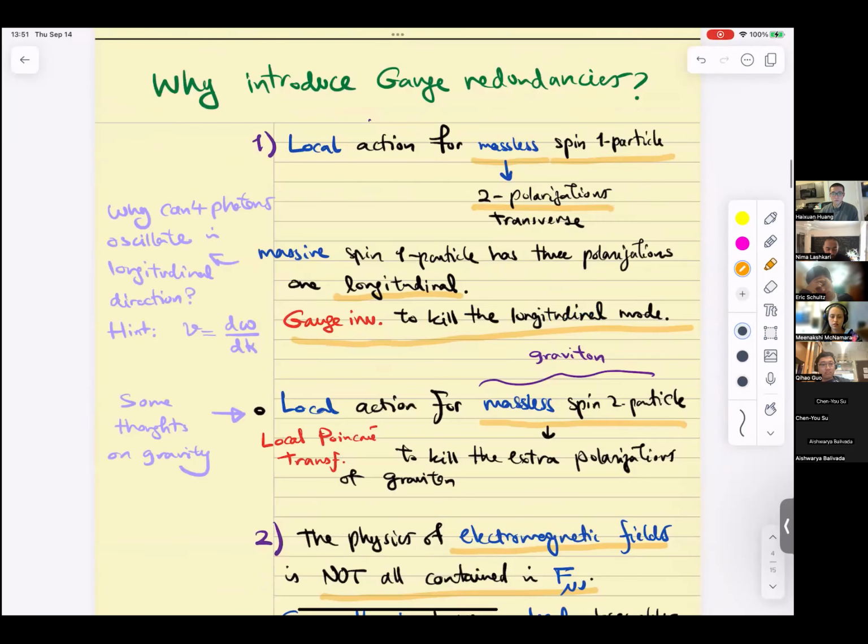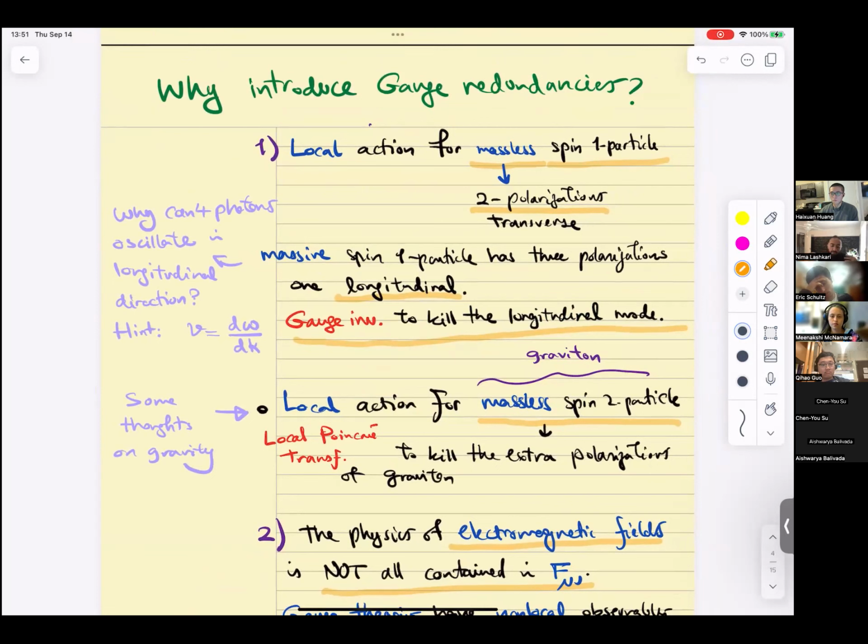All right. So are there any questions about why we introduce gauge redundancies? We are insisting on a local formalism for a theory that has some mild form of non-locality, very tamed and mild. One manifestation of all of this is the fact that the photon is massless and spin 1.